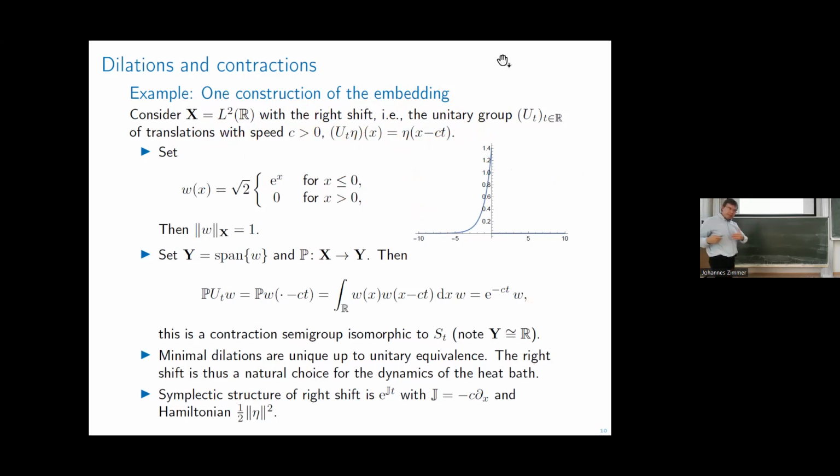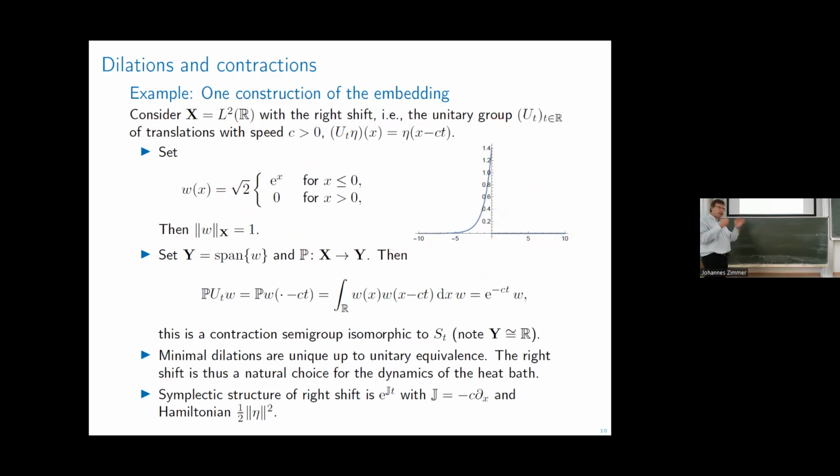So this is a unitary group, but in fact, this will be the embedding of the simple y dot equals minus c y. I had a toy model for something dissipative. This is something I will use several times later on. I take a special class of functions: the exponential on the left half axis, 0 on the right.